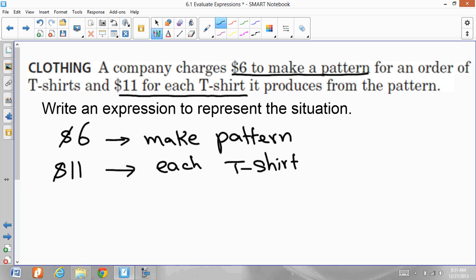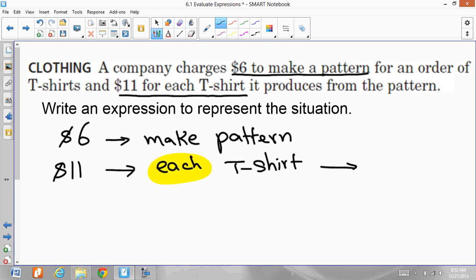Those are the only two pieces of information that are given, and they are asking you to write an expression to represent the situation. Now, $6 to make a pattern and $11 for each t-shirt. You do not know how many t-shirts you have. So anytime you come across the word each, that particular material or item always takes a variable, a letter.